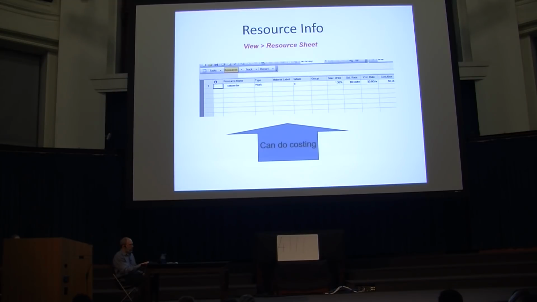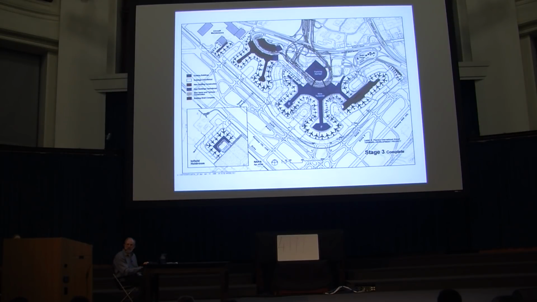Where this is really complicated for something like doing a washroom, there are some things that are a little more complicated. One of the people in civil engineering was involved with the creation of Terminal 2.